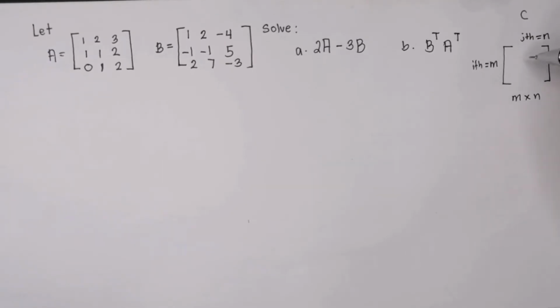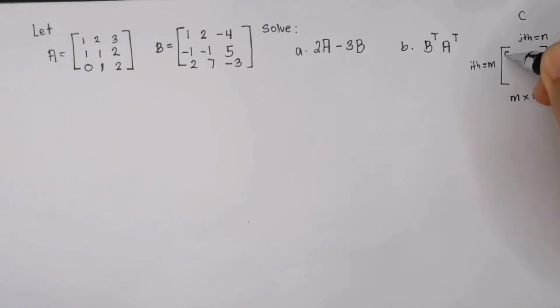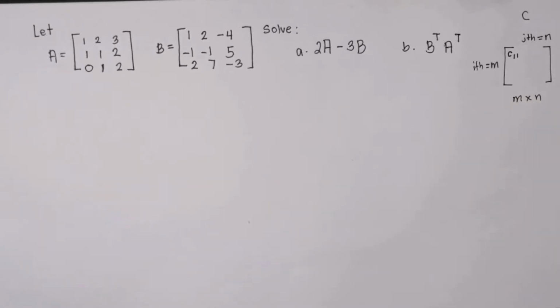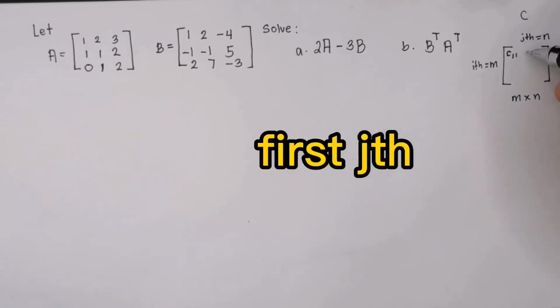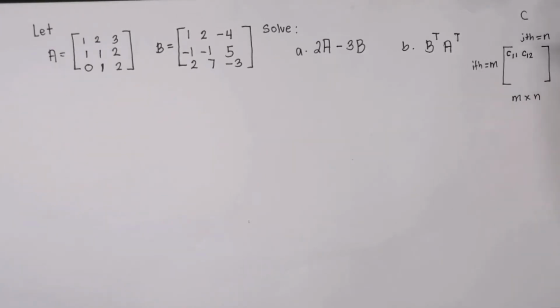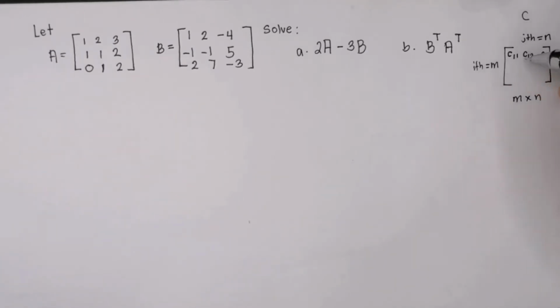Since all the values refer to matrix C, we say C sub 1, 1. Why is it C 1, 1? First i, first j. We have also C 1, 2, first row, second column, until it reaches C 1, n, the first row to the last j, which is n.